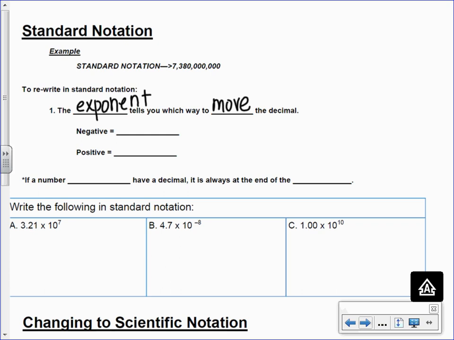If it's a negative, you're trying to make a little number, so you're going to move it to the left. If it's a positive, you're trying to make a big number, so you're trying to get zeros on the end, you're going to move it to the right. Just in case you get confused, if a number doesn't have a decimal, it's always at the end of the number.